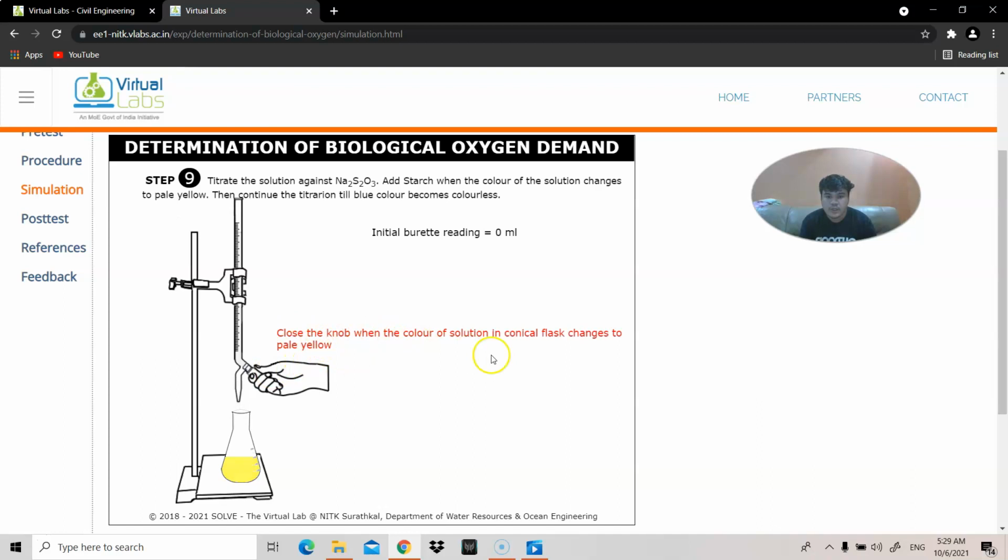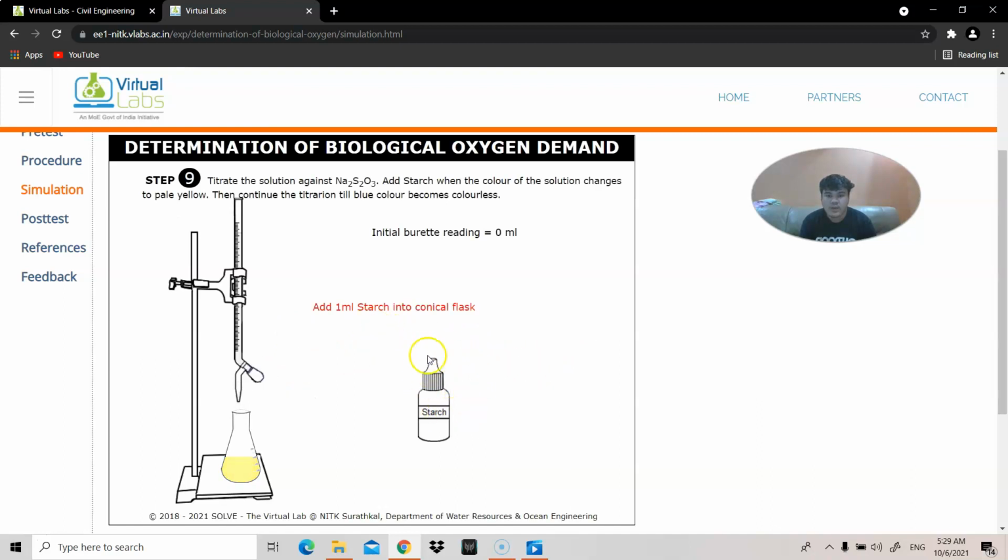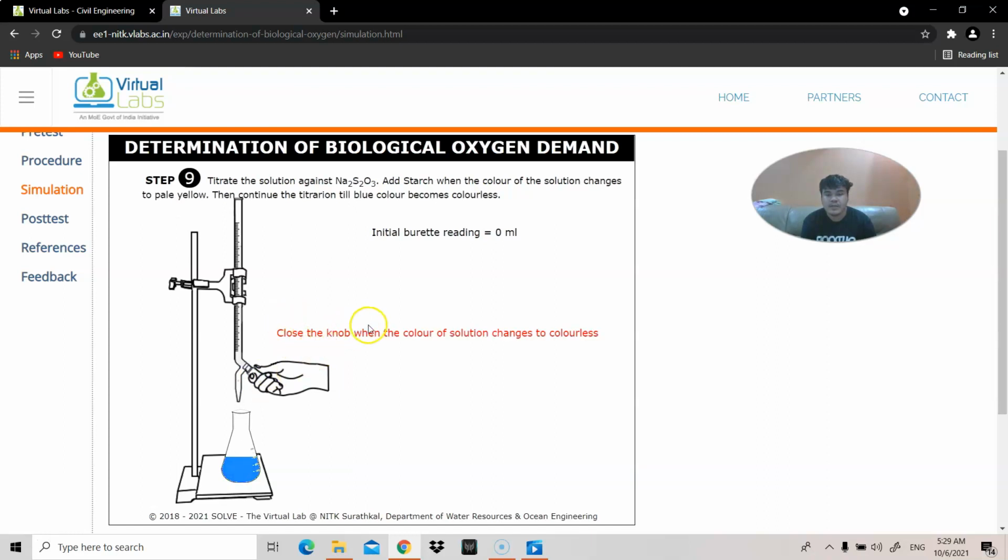Close the knob when the color changes. Add 1 ml starch into the conical flask. Close the knob when the color of the solution changes to colorless.